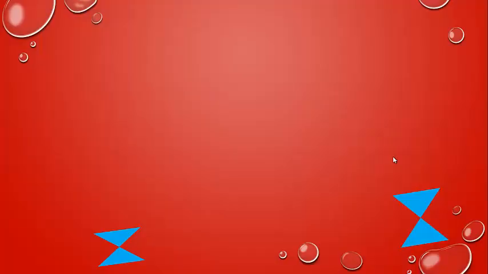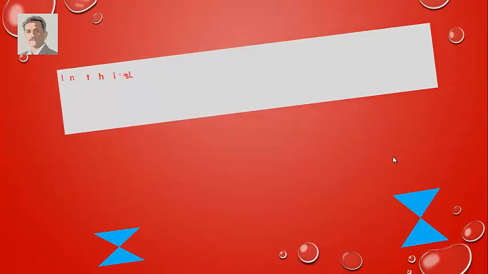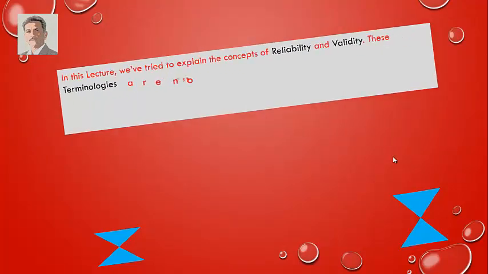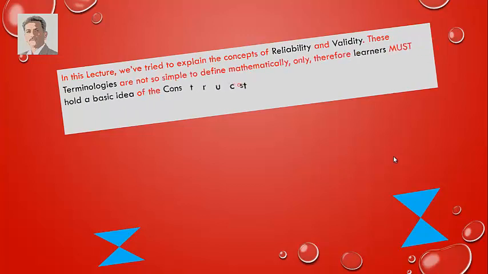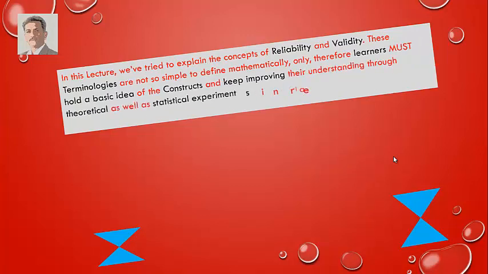So that was all about factor analysis, and in this lecture, we have tried to explain the concepts of reliability and validity. These terminologies are not so simple to define mathematically only.